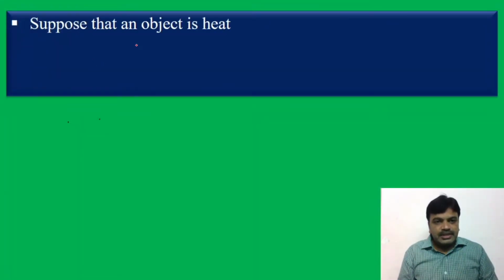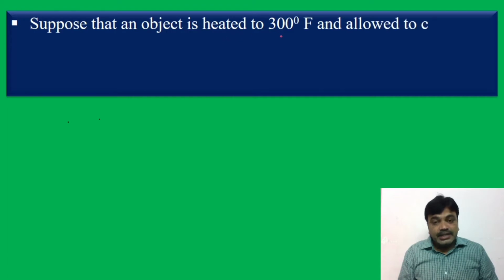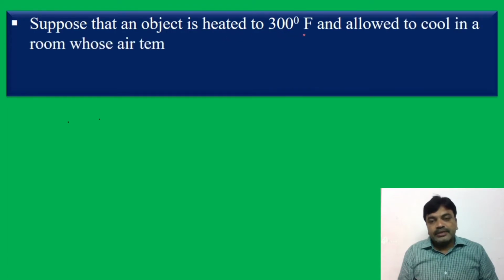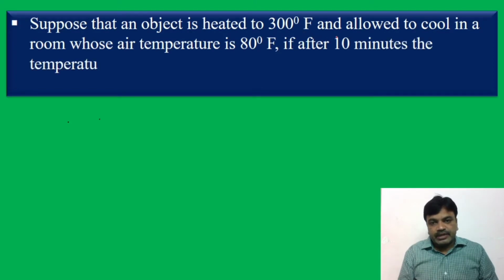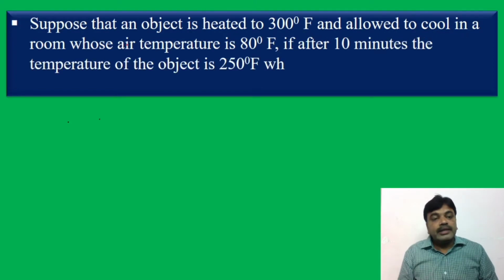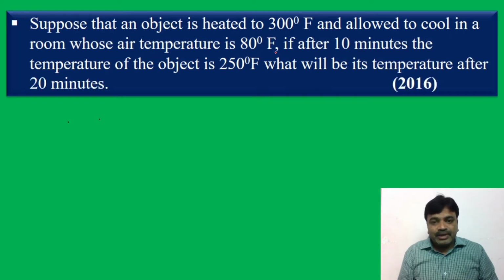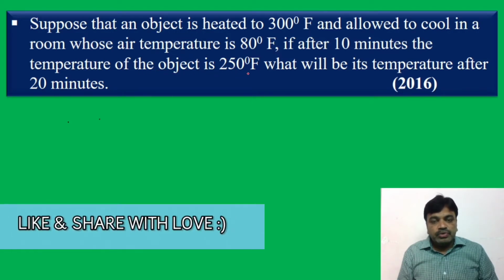Suppose that an object is heated to 300 degrees Fahrenheit. Initially we heated it to 300 degrees Fahrenheit and allowed it to cool in a room whose air temperature is 80 degrees Fahrenheit. What is the surrounding temperature reference? 80 degrees Fahrenheit.